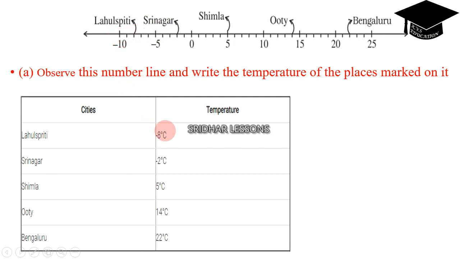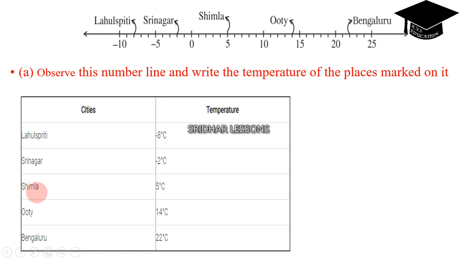Lahul Spiti is minus 8 degrees centigrade, because to the right side we are moving, so the values are minus 9, minus 8. Srinagar: minus 5, minus 4, minus 3, minus 2, so minus 2 degrees centigrade.